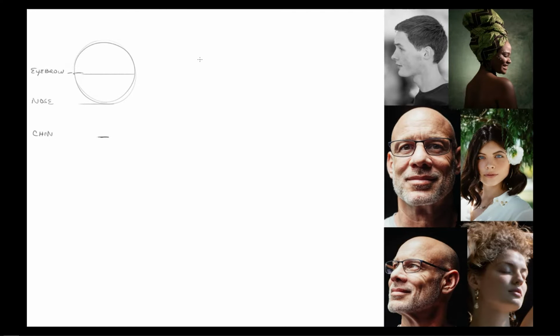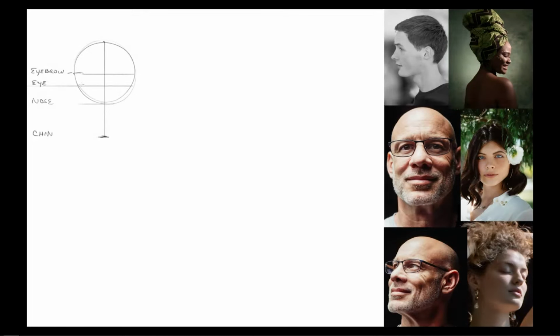Now, these proportions do vary, and we need to understand that. But with this in mind, we can do a couple of really simple things. The first thing is to divide your total height by half, or roughly, and that is going to give us the eye line.